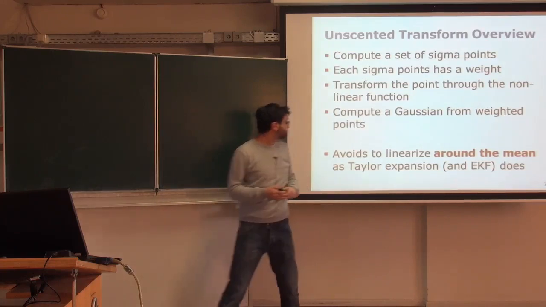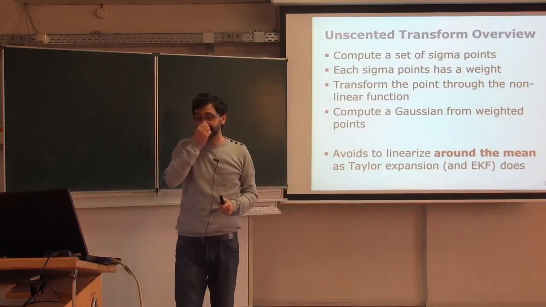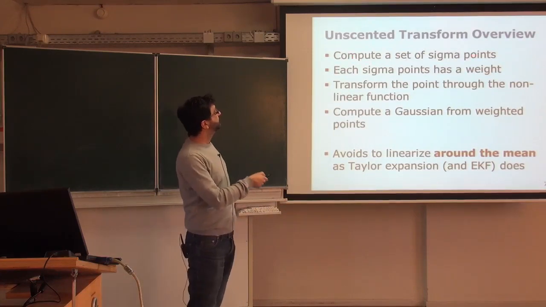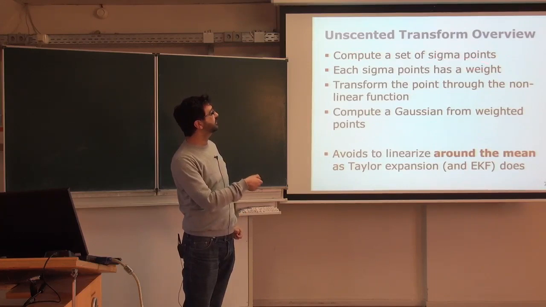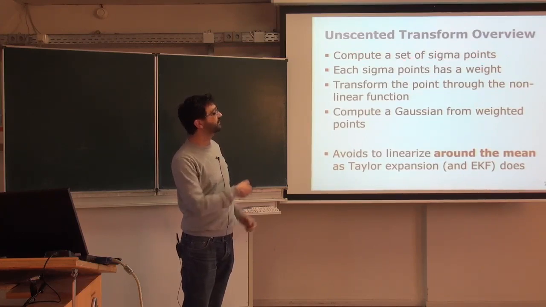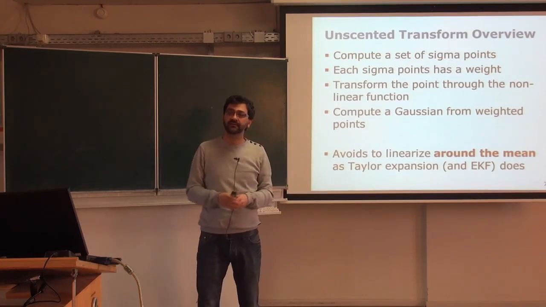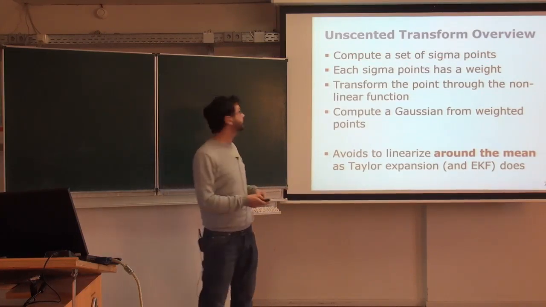How does it work? The idea is that you want to follow these steps. You need to know how to compute the sigma points. You need to associate a weight to each of these sigma points, which is used to reconstruct the new mean and the new covariance.